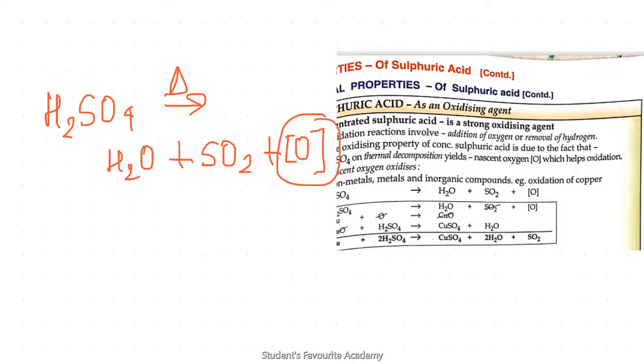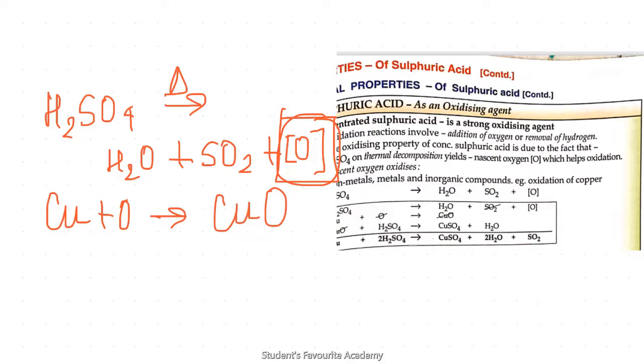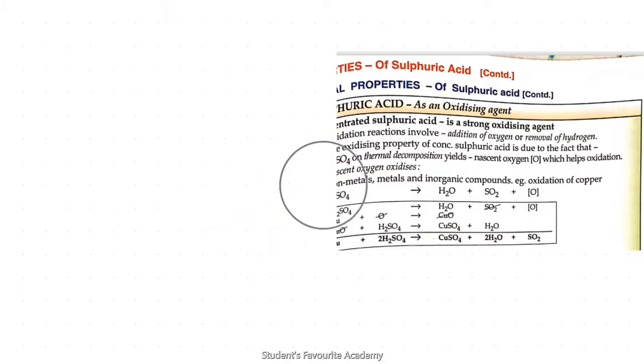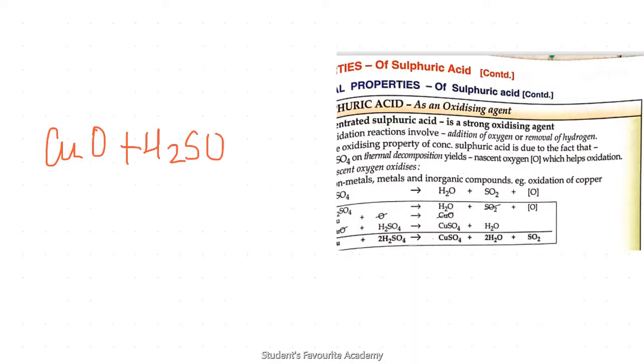And you all know that in the oxidation process, oxygen is being added. So suppose Cu is reacting with H2SO4, then this nascent oxygen reacts, forming CuO. What is the net reaction that is taking place, children? CuO plus H2SO4 gives me CuSO4 plus H2O.